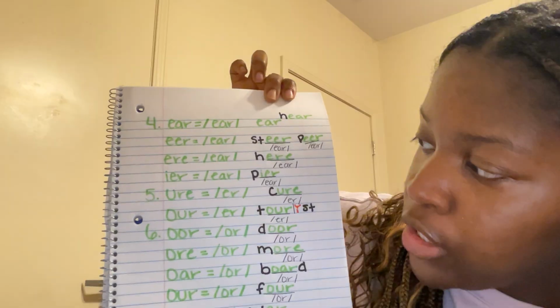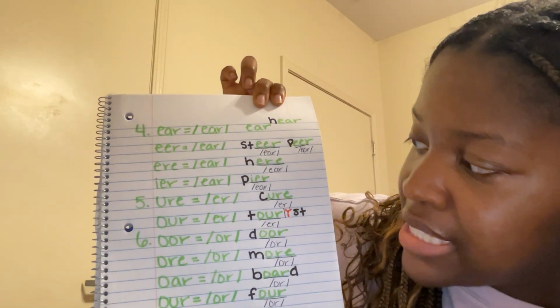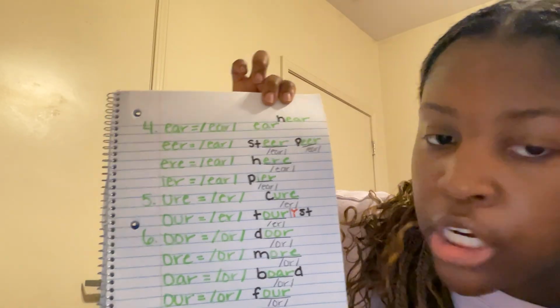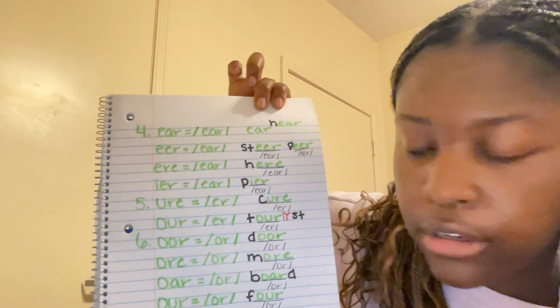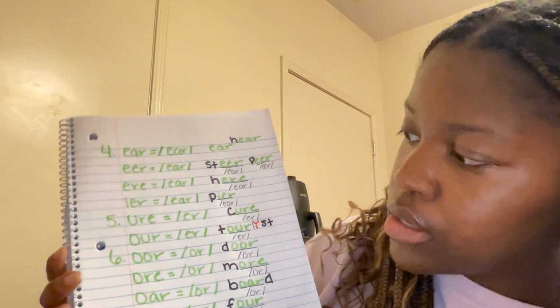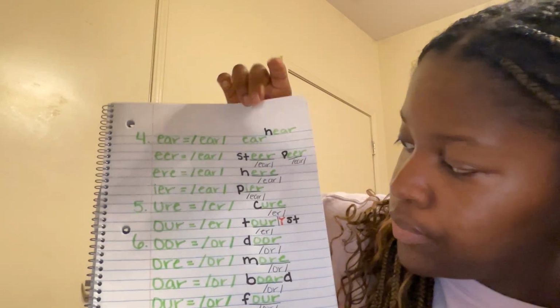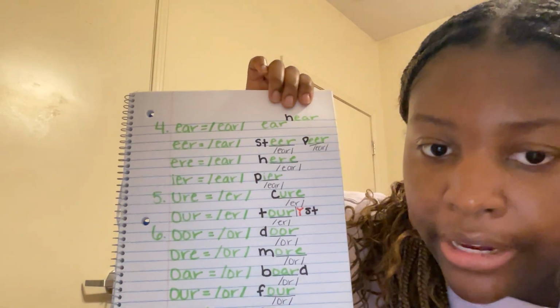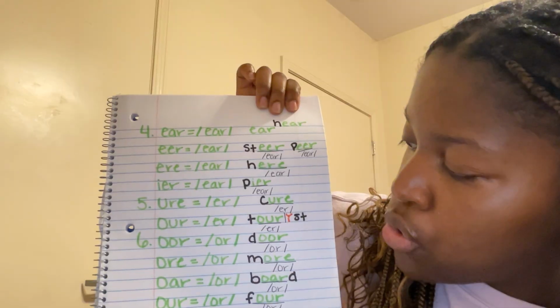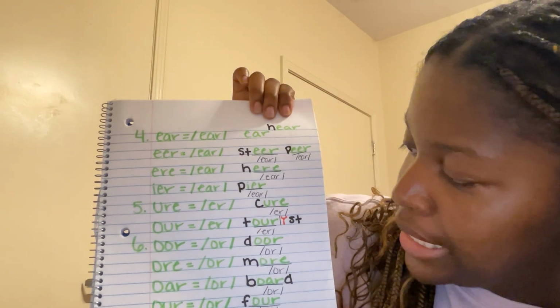Next, I have URE that says ear, like in cure. Next, I have OUR that says ear, like in Taurus, yeah.